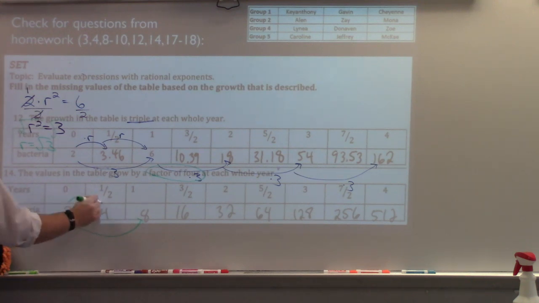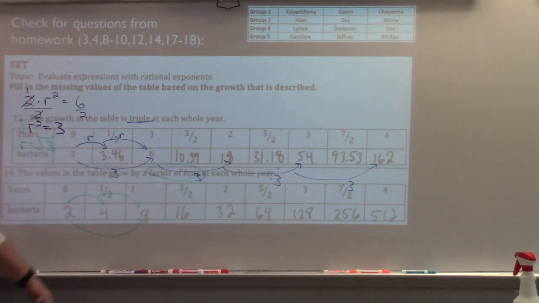But I'm now trying to go in between here. So I'm starting at 2. Before I got this number, did you know what the common ratio was? So I'm pretty sure they only told you that the values in the table grow by a factor of 4 at each whole year.